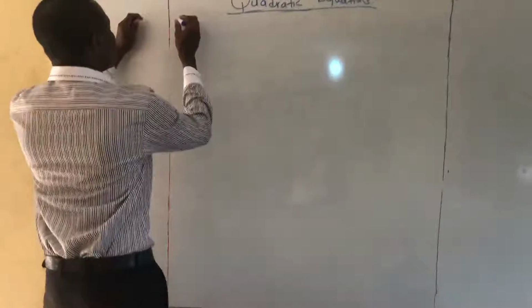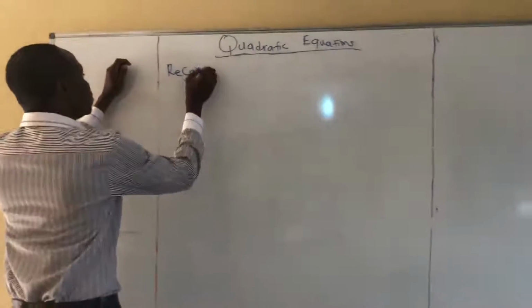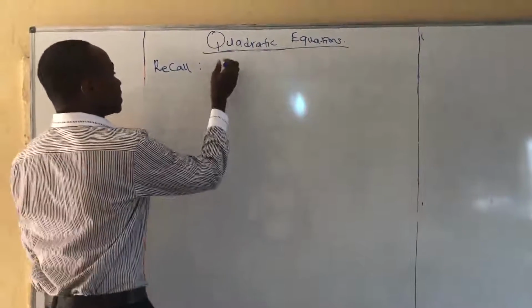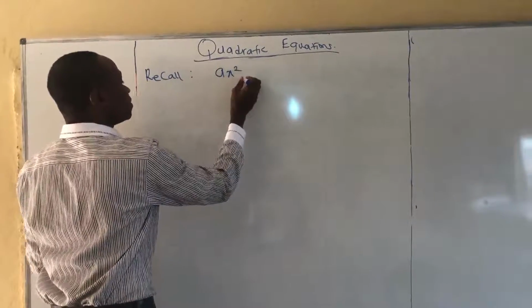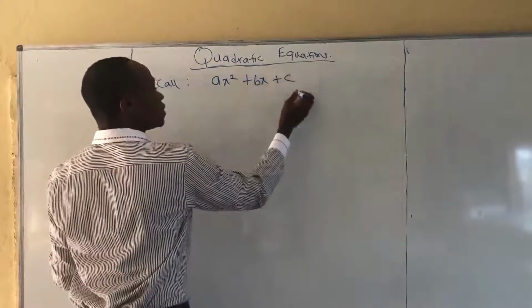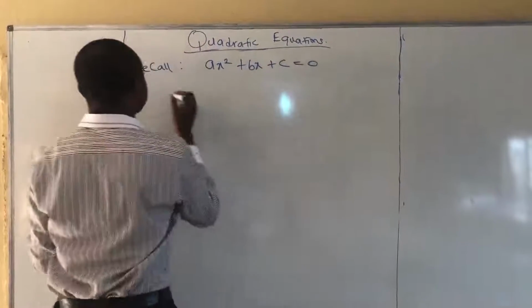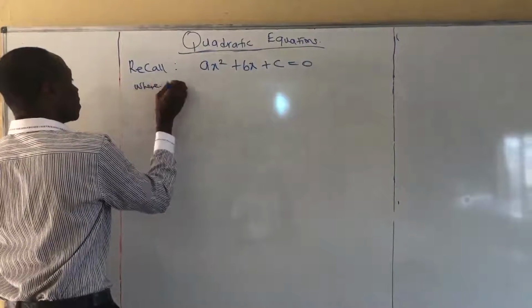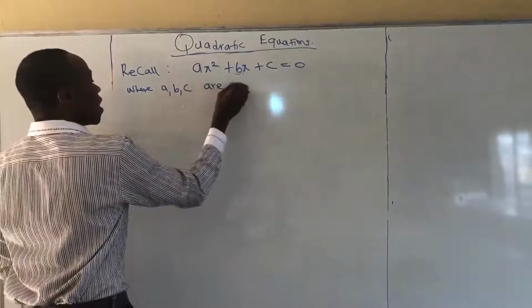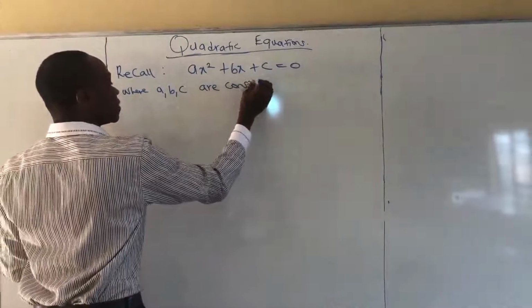We recall from our first video that a quadratic equation in x would take this form: ax squared plus bx plus c equal to 0, where a, b, c are constants.